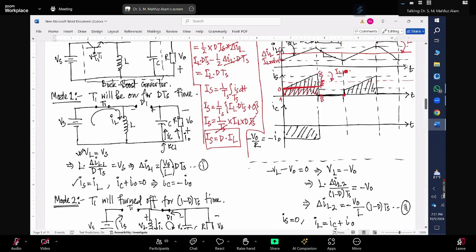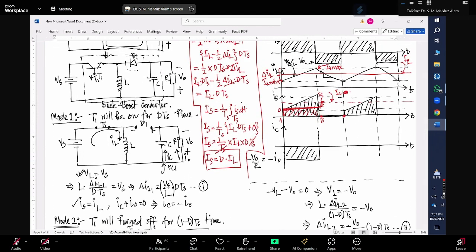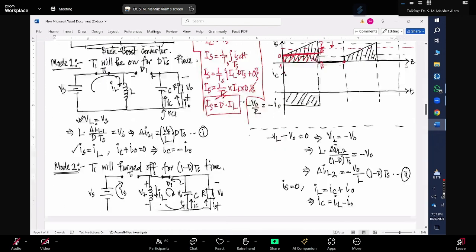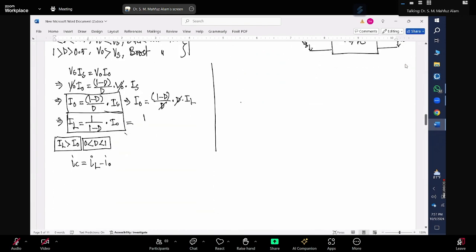My IL was a combination of two things: the average IL and a triangular wave superimposed on IL, right? So for IL, we can say it should be IL plus del IL triangular.